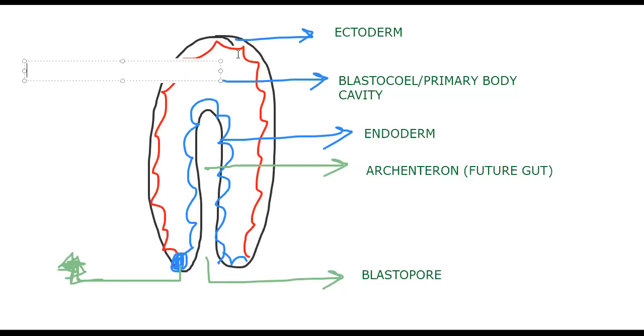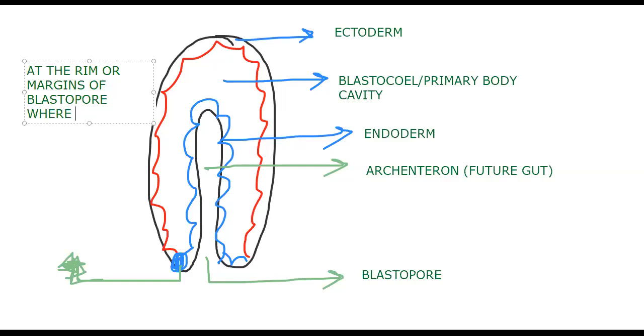At the rim or margin of the blastopore, where ectoderm and endoderm are continuous with each other. We should write it like that: at the rim or margins of the blastopore, where ectoderm and endoderm are continuous with each other.